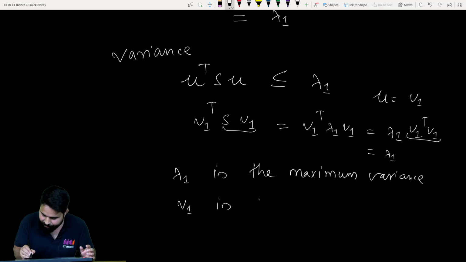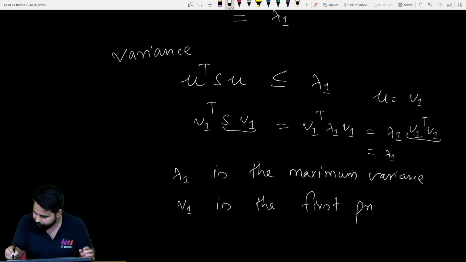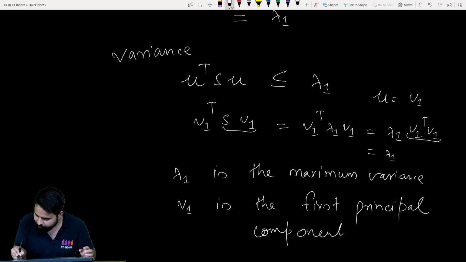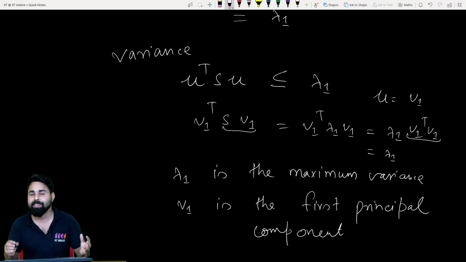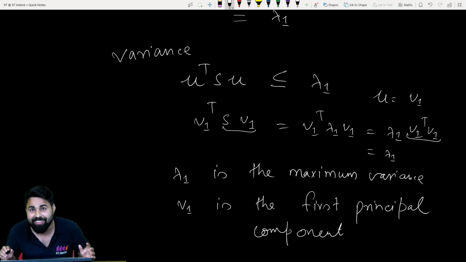We will call this the first principal component, and our main goal is achieved. We will now see other principal components.